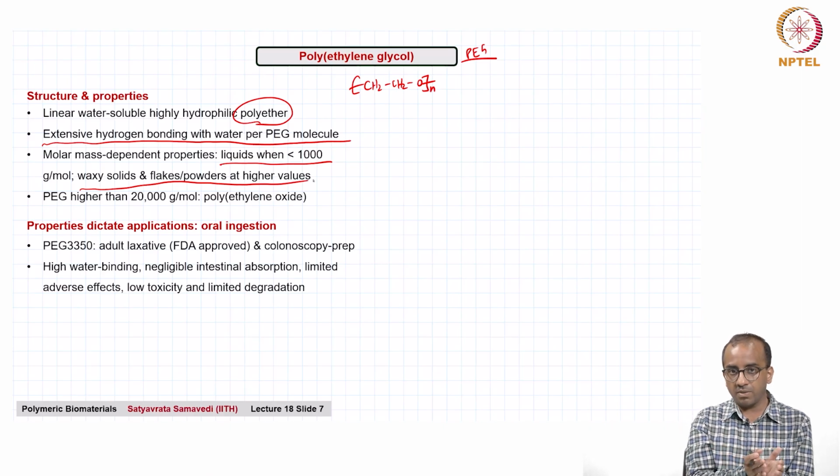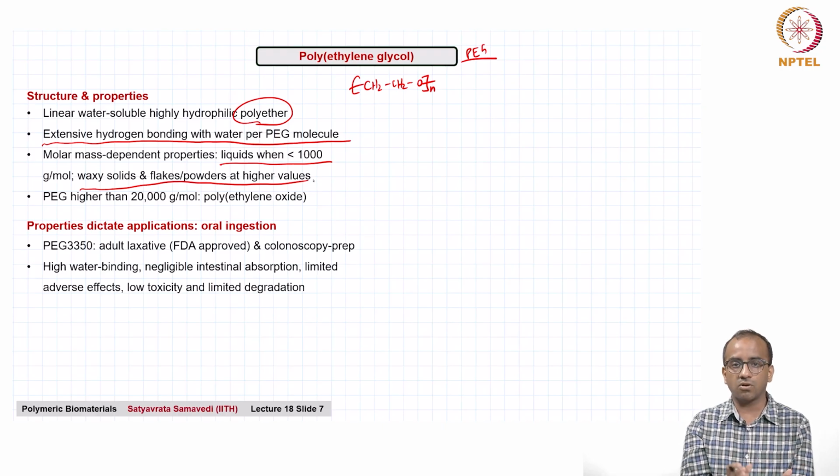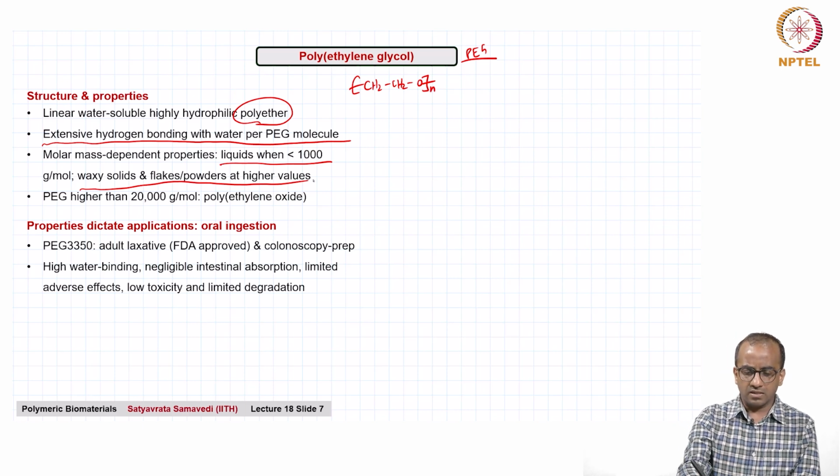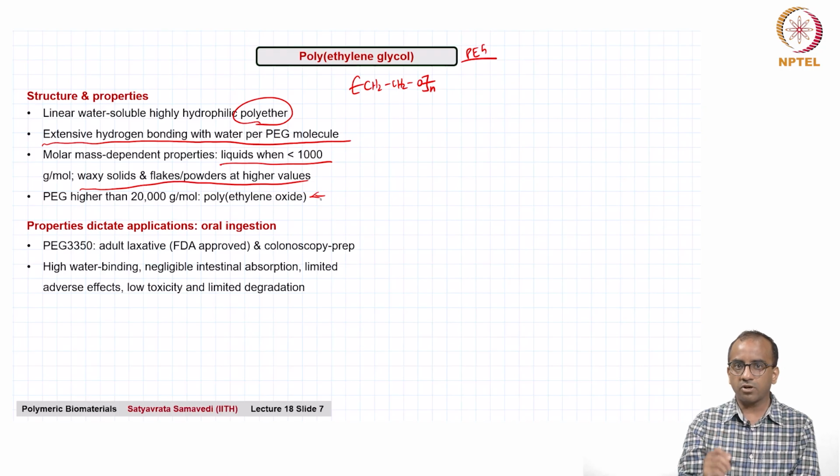So, depending on the molar mass, you can have different physical properties going from liquid like properties all the way up to flakes, powders at much higher values, not unlike silicones, where the properties depend on molar mass and cross linking in that context. And this is just a subtlety, but it is an important point to note.